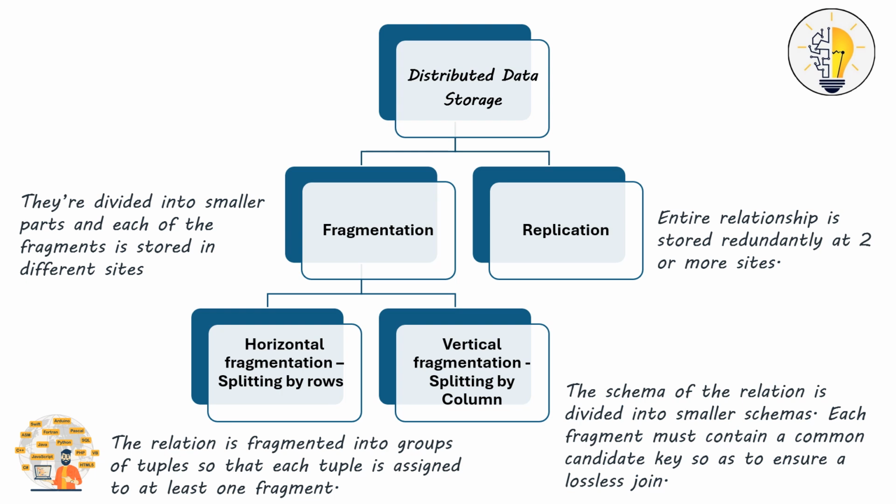This fragmentation is further divided into horizontal and vertical fragmentation. Horizontal fragmentation is splitting by rows, that is, the relation will be fragmented into groups of tuples. In vertical fragmentation, the schema of the relation will be divided into smaller schemas.